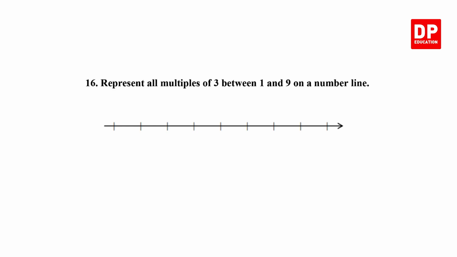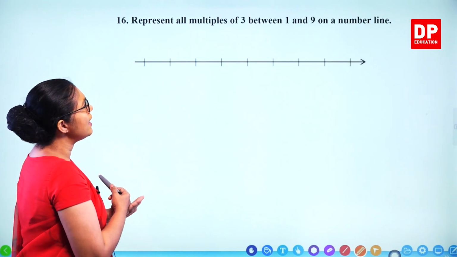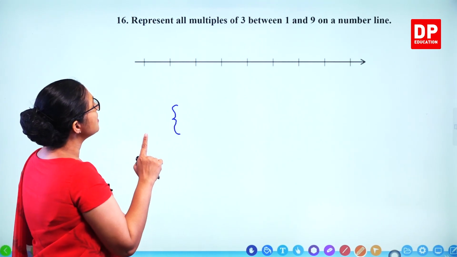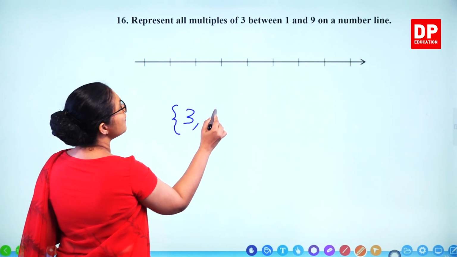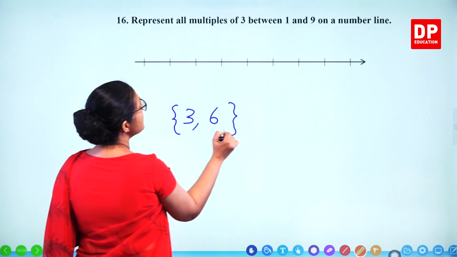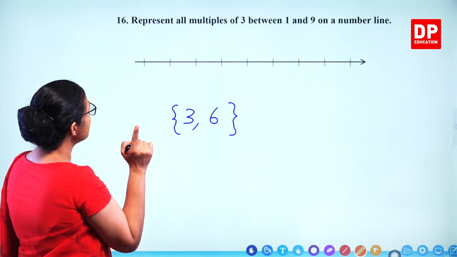Question number 16. Represent all multiples of 3 between 1 and 9 on a number line. First you have to write down what the multiples of 3 between 1 and 9 are. 3, then 6, that's all. 9 you can't write because it says between. So we have to mark 3 and 6.